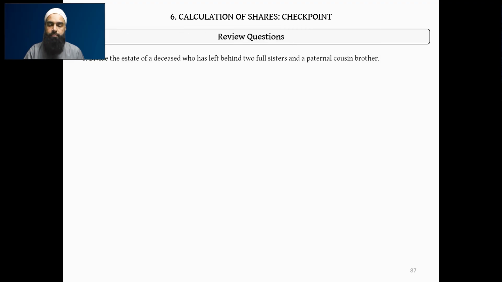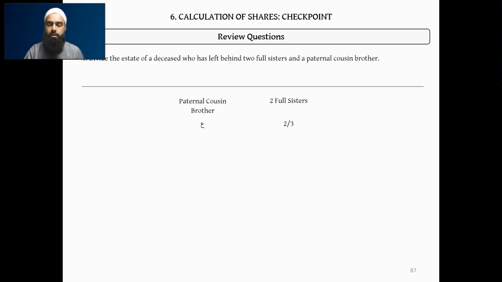Question number 5, divide the estate of the deceased who is left behind 2 full sisters and a paternal cousin brother. Now revealing the answer, 2/3 to the full sisters, because there's 2 or more of them, and the paternal cousin brother will become asaba.